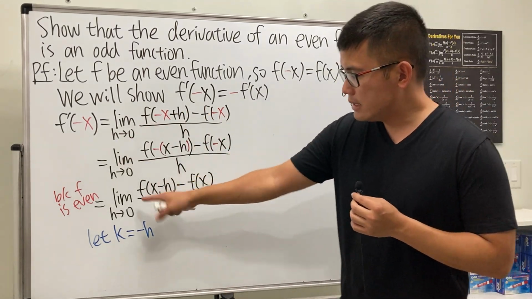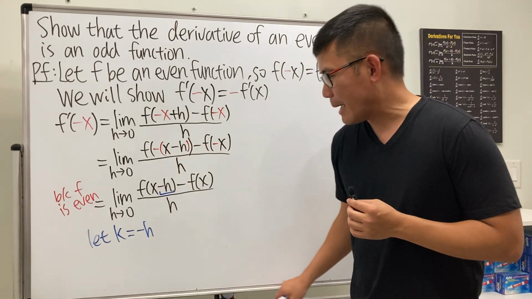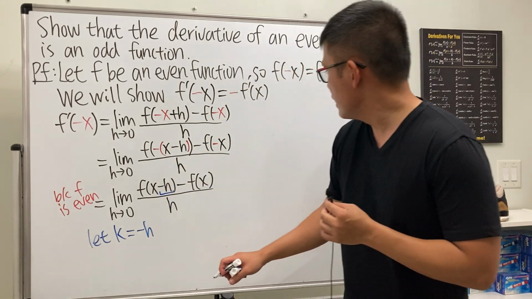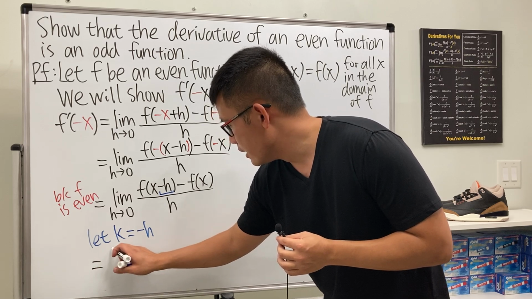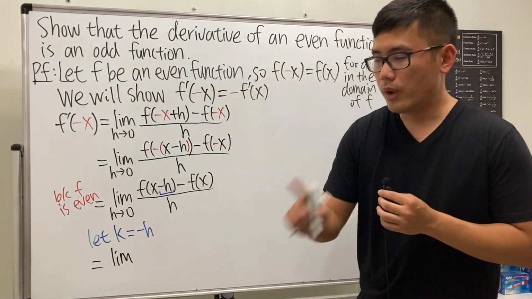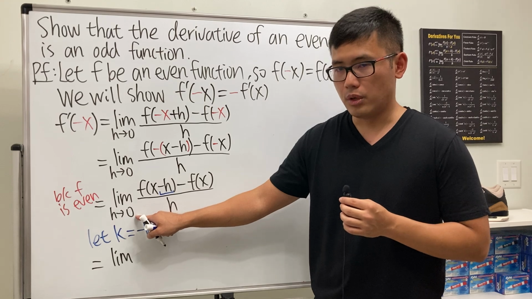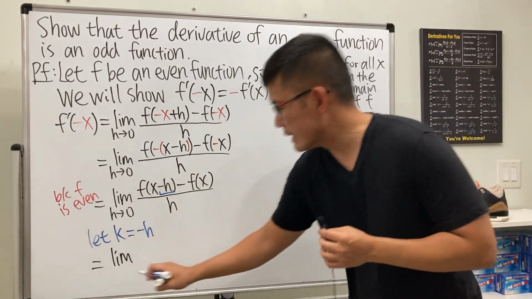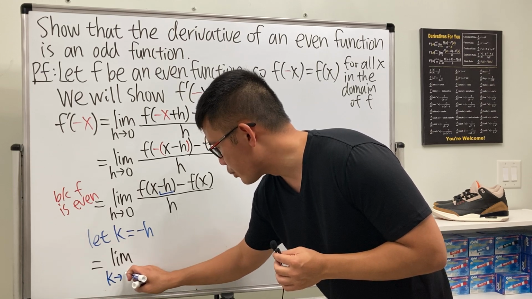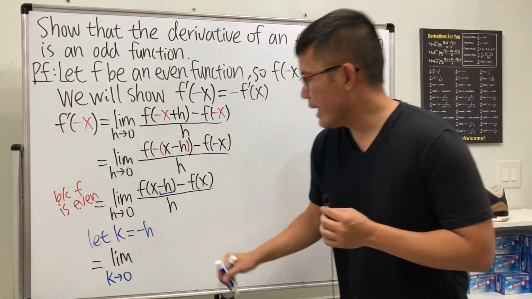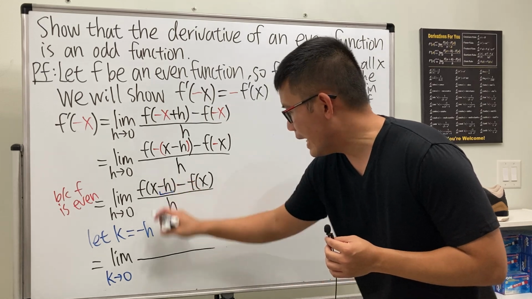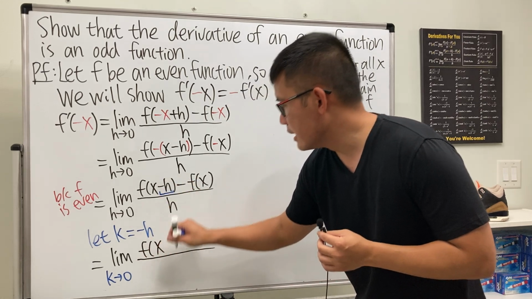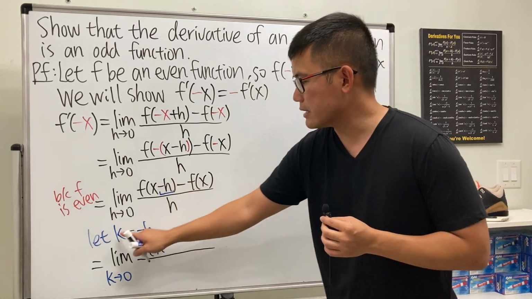Right now, with this substitution, we are going to get what? Let's see. This is the limit. Well, h is approaching 0. You can put 0 in here. That means k is also 0. So that means k will also be approaching 0. That's good. And then we will have f of x, but negative h is the same as positive k.